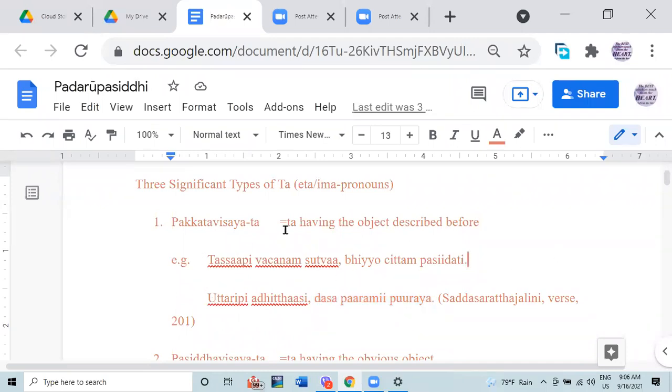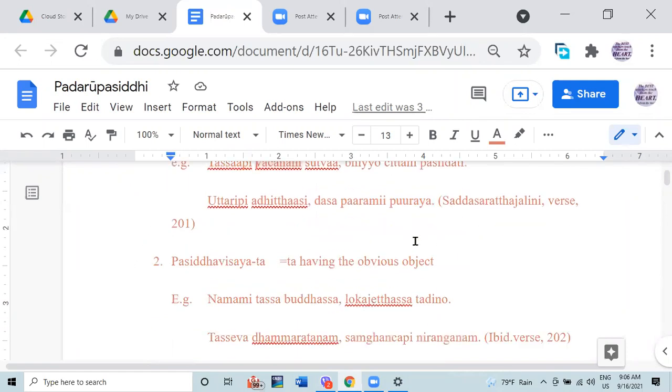So in this verse, this is the important word, tasabi. Tasabi refers to someone who has been mentioned before. Okay, this is called Paganda Visayada.